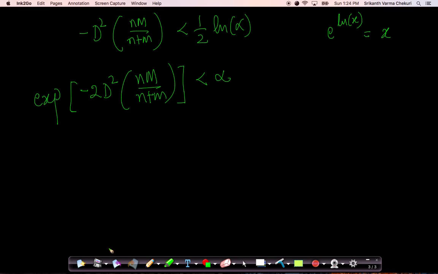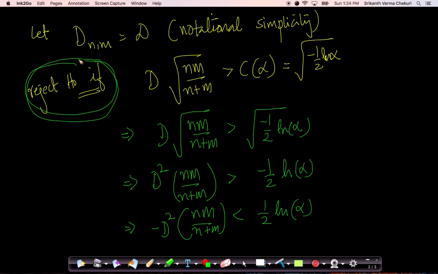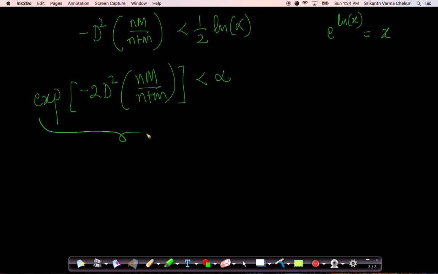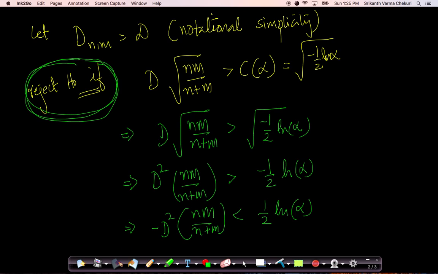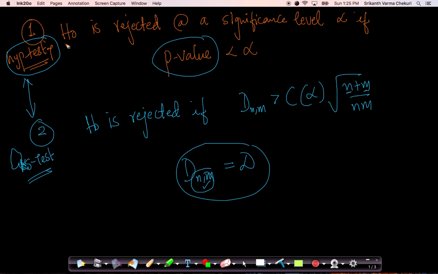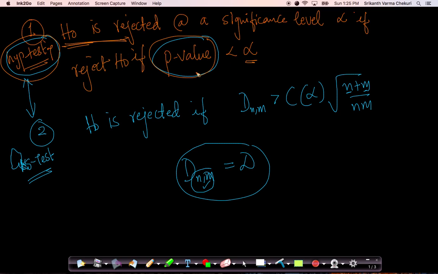Now what is my statement? We reject the null hypothesis if this value is less than or equal to alpha. That's where we reached. And what is the actual mathematics? We reject H0 if my p-value is less than alpha. Now look at the formulation. In hypothesis testing, I reject my null hypothesis if the p-value is less than alpha.